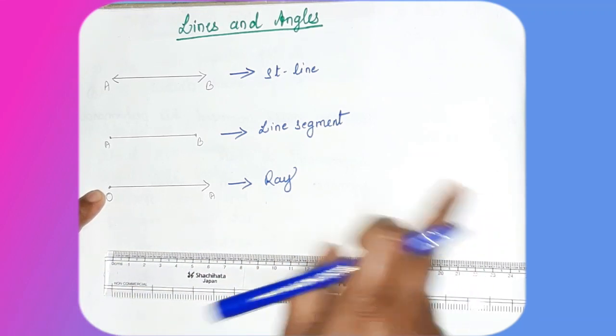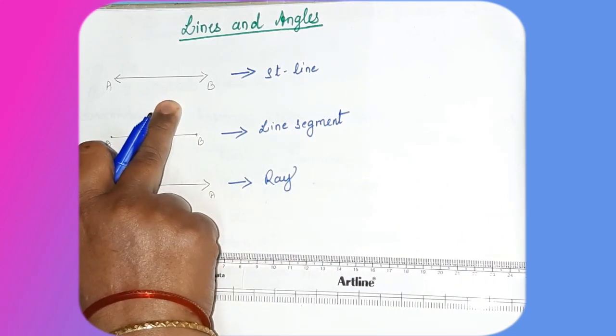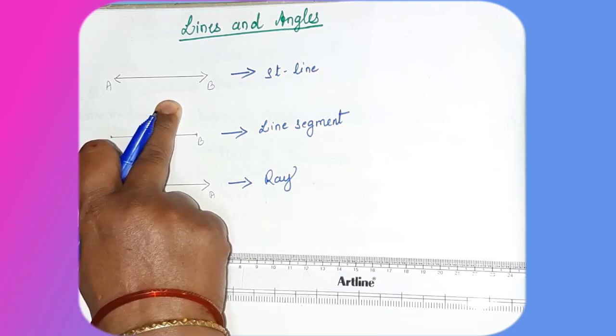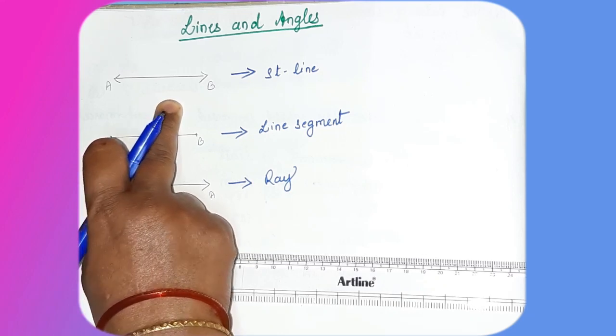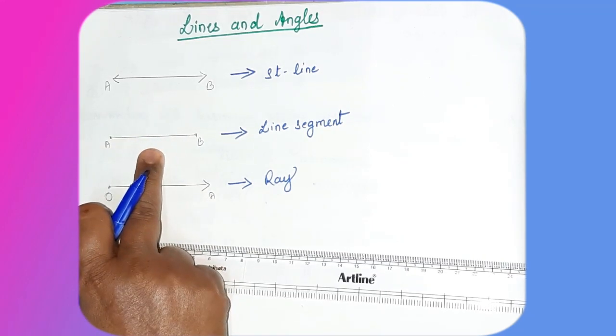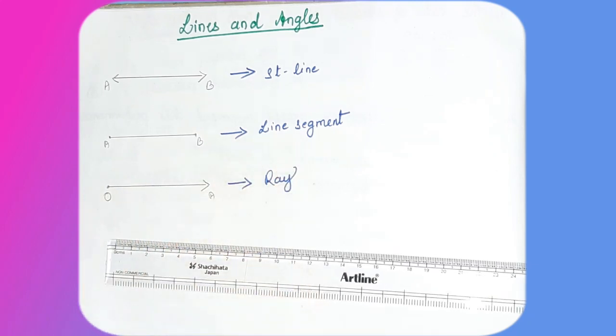That is a ray. If we extend this line in both directions, that is called a straight line. And part of the line is called a line segment. This is the main difference between straight line, line segment and ray. I hope you understood this.